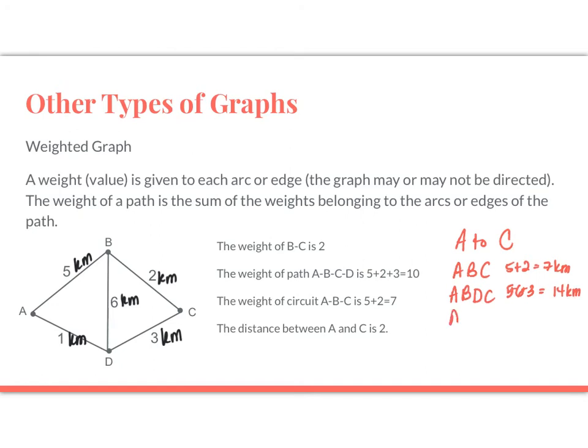And then I could actually do ADC. Well, that's 1 plus 3. So now we're only looking at a 4-kilometer run here. So that is what a weighted graph is: a graph that has different values attributed to it. The other thing that these could be is times, the time it takes to get to something. And those are the main possibilities.